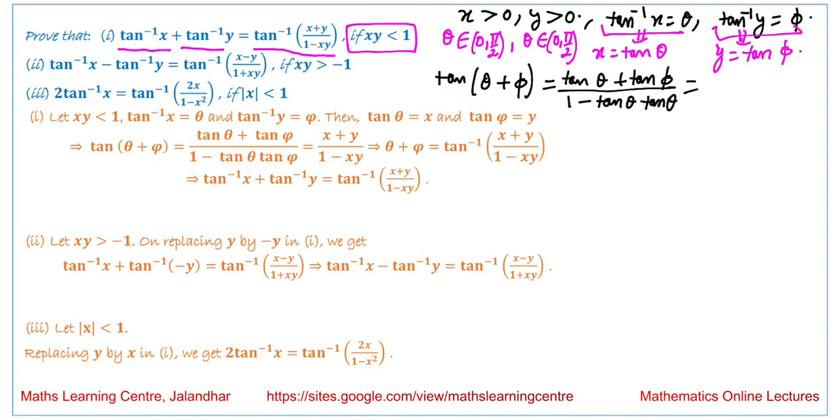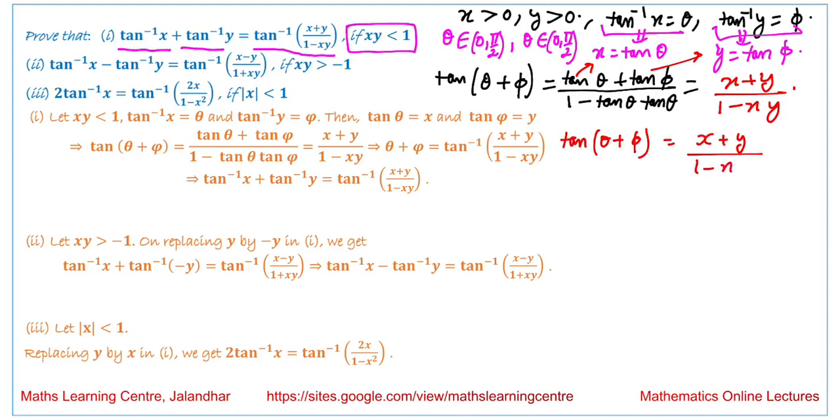Now what are the values of tan theta and tan phi? Look at these values over here. So it is x plus y over 1 minus xy. So we have the result that tan of theta plus phi is equal to x plus y over 1 minus xy.